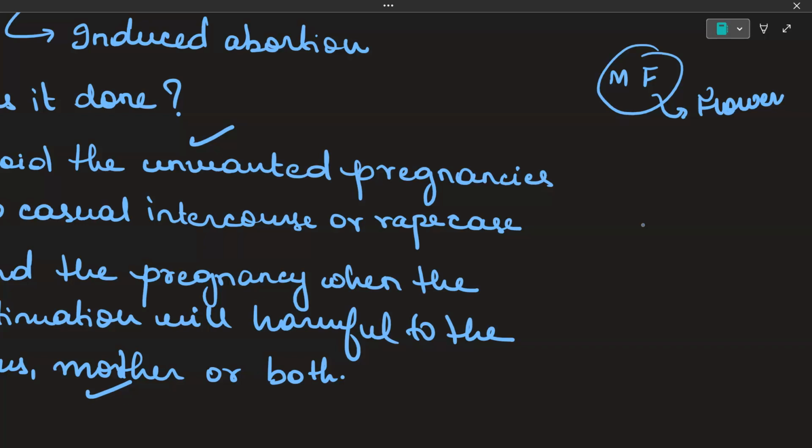During the process of emasculation, if this is a flower, anthers are there, stigma are there, and everything. So the anthers are cut off with the help of scissors, and then whatever is left, a bag is put around it, and that is bagging.